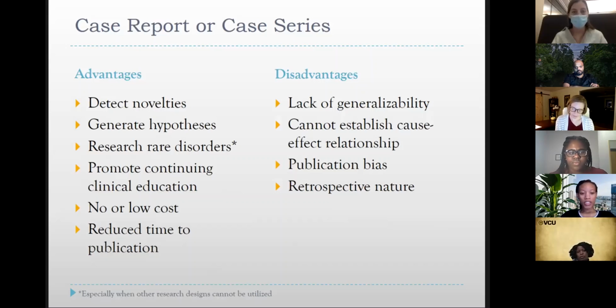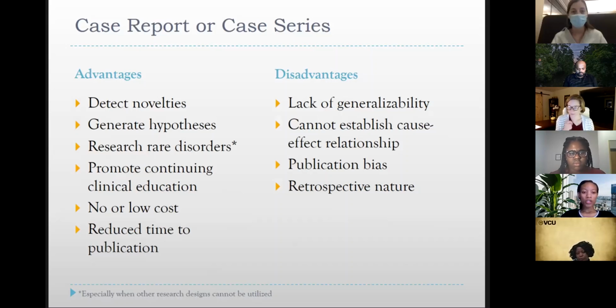It also promotes continuing clinical education. So making sure that providers are noting and paying attention to really unique cases that they see in the clinic, and then reporting on those so that we can determine if other people are seeing similar cases, and so that we can open up new lines of research and conduct those analytical studies that would follow from these descriptive reports.